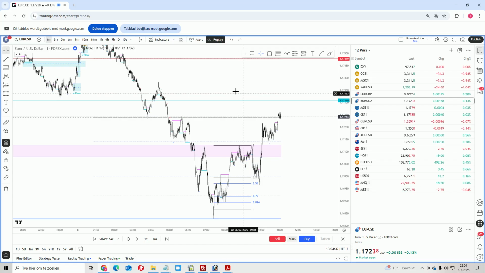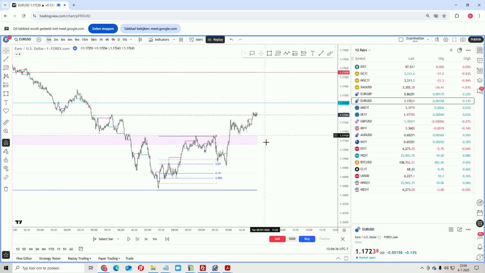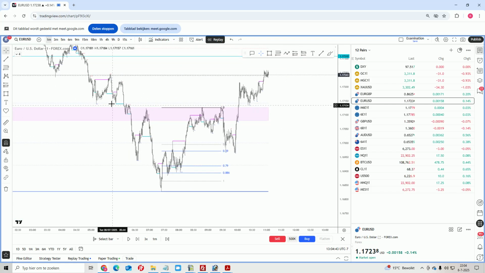So these small dotted lines can help you in, well, in this case, when we have a continuation, we just traded this level, then got more liquidity, traded one level lower, got some liquidity, and now we trade these levels up.